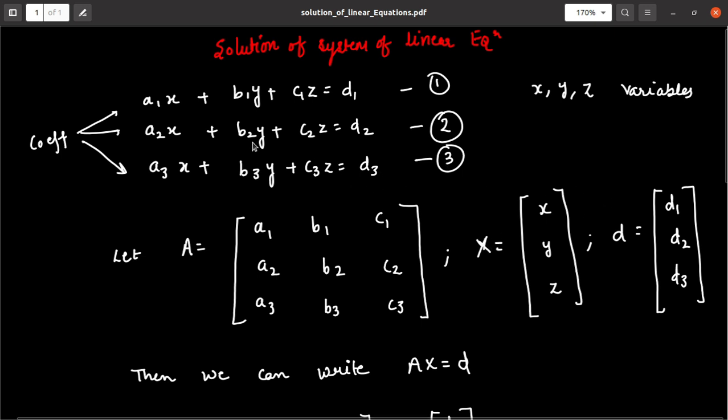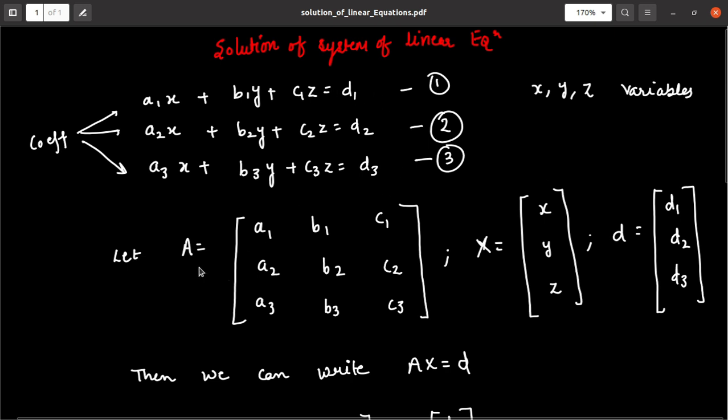Next, we are going to create a vector X which contains all these variables as a column vector. So I will create this capital X as a column vector which contains the variables x, y and z, and finally the constants d1, d2 and d3 I am storing in another vector which I call small d. So d1, d2 and d3 are the constants placed on the right hand side of these equations.